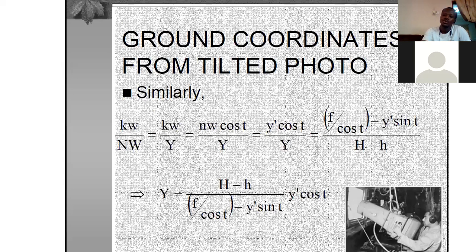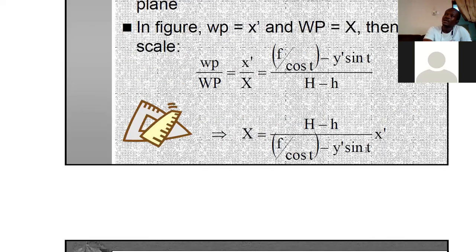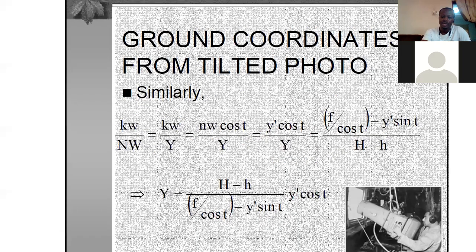You always work out the ground coordinates relative to the flight axis, and it's always a proportion of the ground. This looks more like working out a scale, like applying the scale to the photo coordinates. But in this case, you're making use of the x prime. Are you okay? All right.